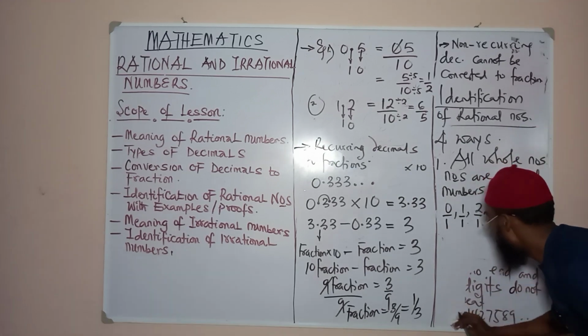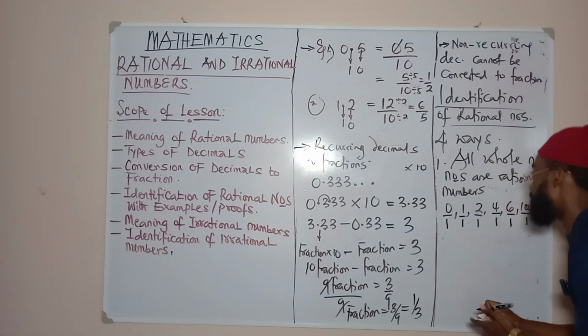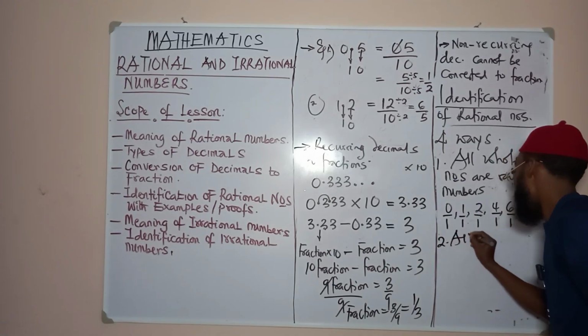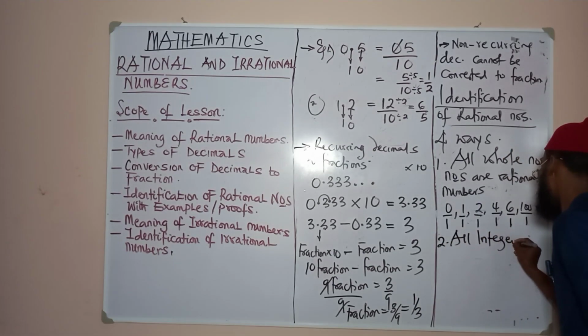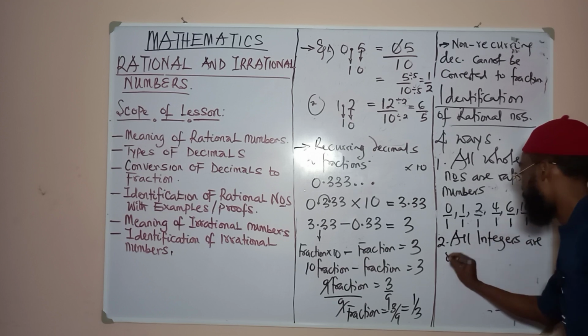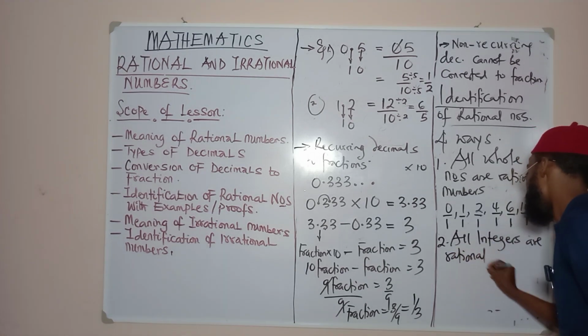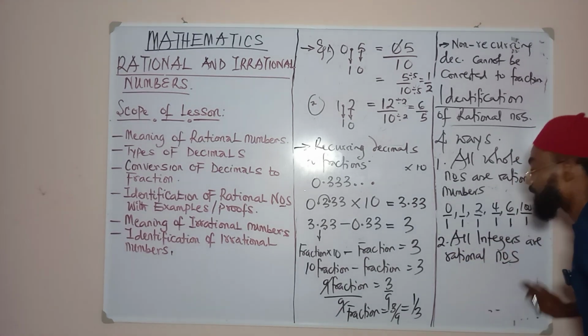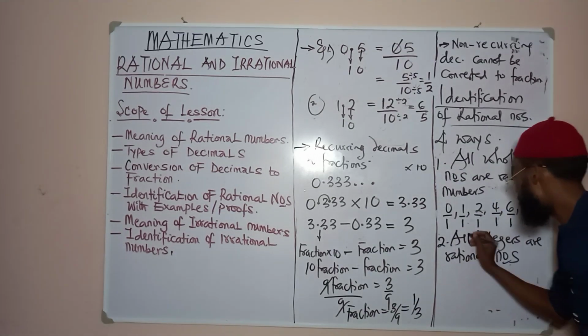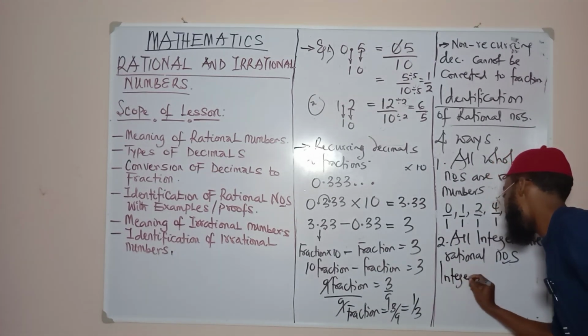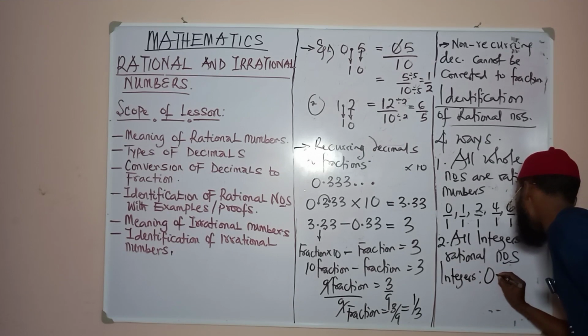Okay, the second way of identifying rational numbers: all integers are rational numbers. How do I know that integers are rational numbers? We can also express them as a fraction, but when you talk about integers now, we are bringing in all whole numbers and negative numbers.